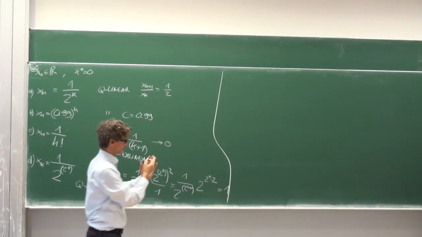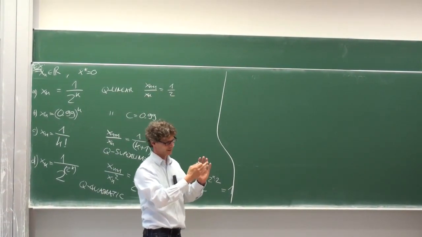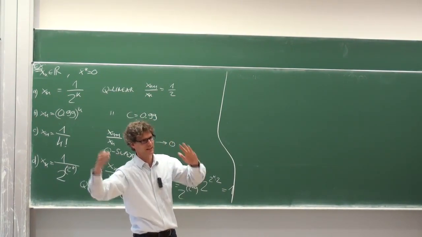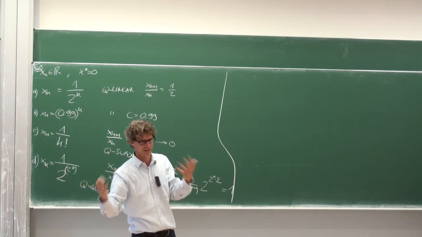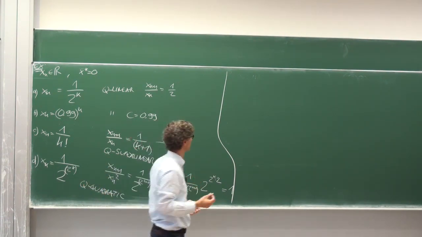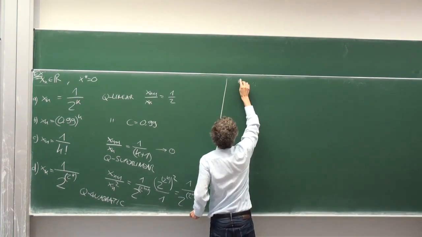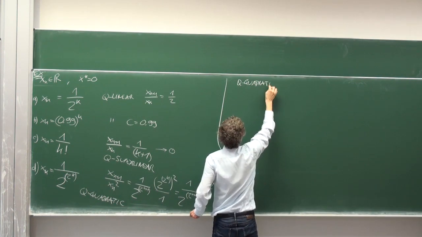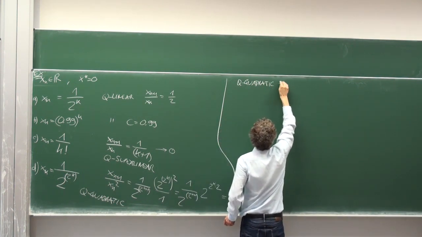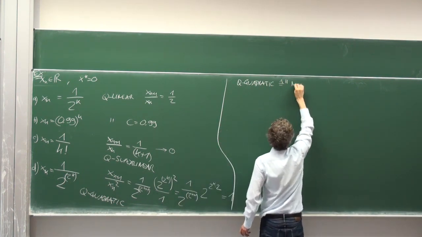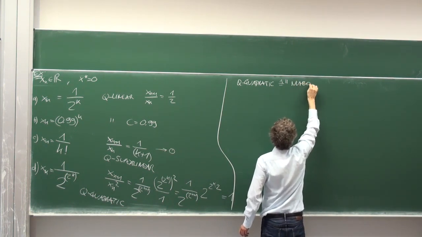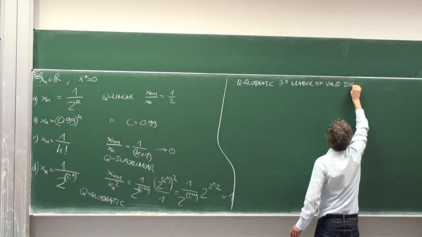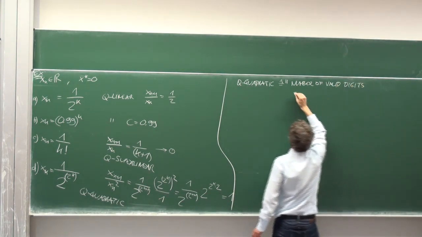Once you have like 2 valid digits, the next iteration you will have 4 valid digits, the next iteration you will have 8 valid digits, and then 16, 32, and your computer cannot be more accurate anyway. So roughly speaking, Q-quadratic, in colloquial words, means the number of valid digits doubles in each iteration.